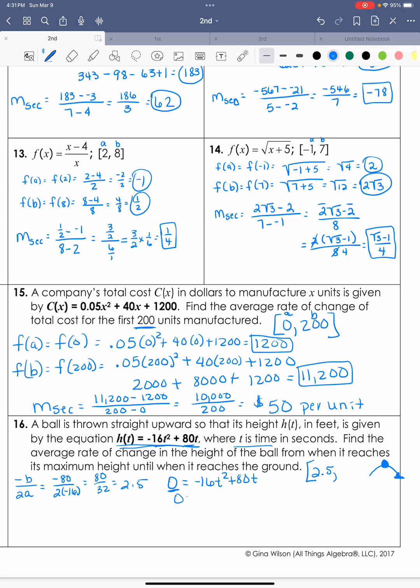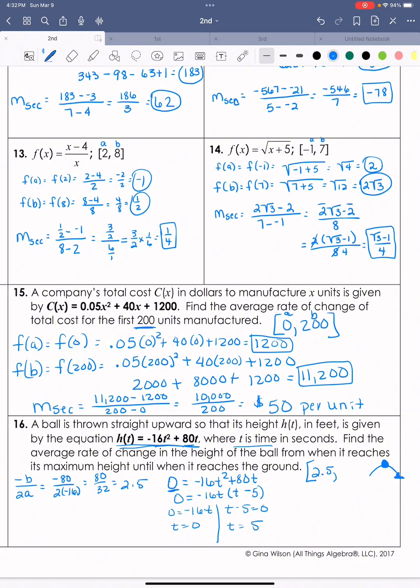So you get 0 is equal to, all right, negative 16t is your common factor. So we're going to factor that out, and that will give us t minus 5. And then we're going to use the zero product property. So we're going to have 0 is equal to negative 16t, which means t is equal to 0, or t minus 5 is equal to 0, therefore t is equal to 5.